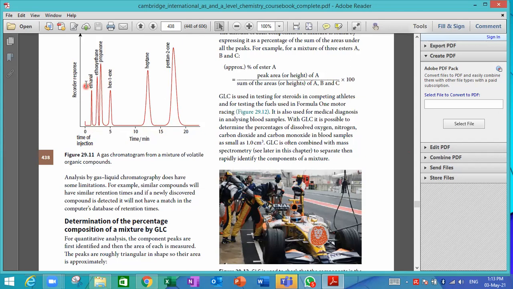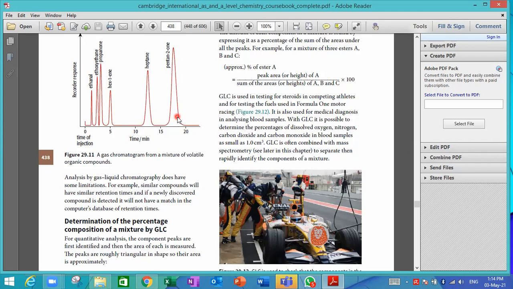Here we have only 2 carbon atoms and here we have 5 carbon atoms. So depending on the molecular mass, pentan-2-one came later. But it also depends upon whether it will be adsorbed on the stationary phase or not, the sequence of coming out from the detector. And the area under the peak shows us the concentration of each component in the mixture.